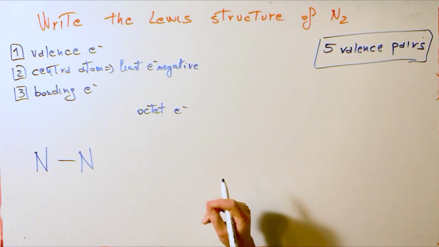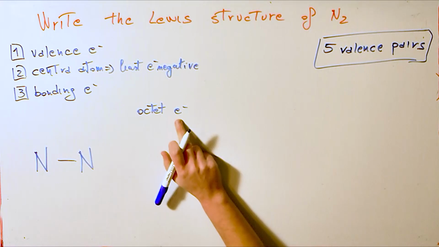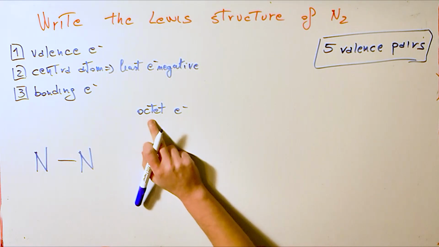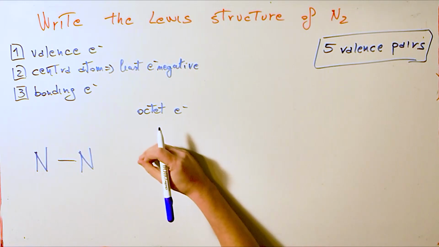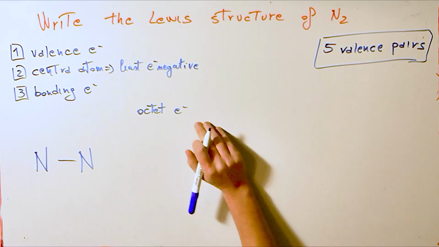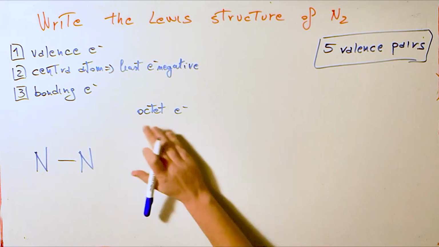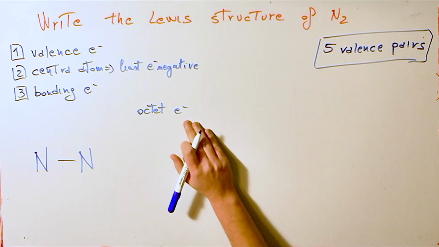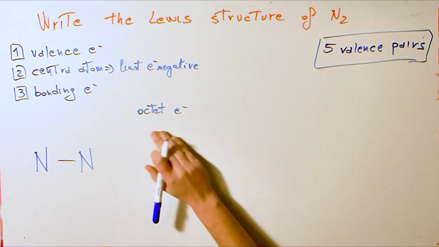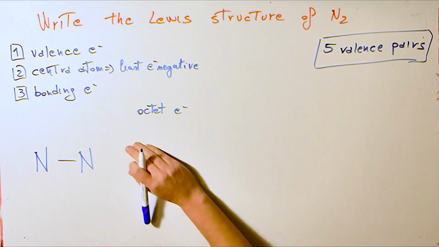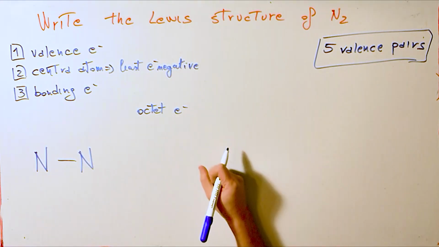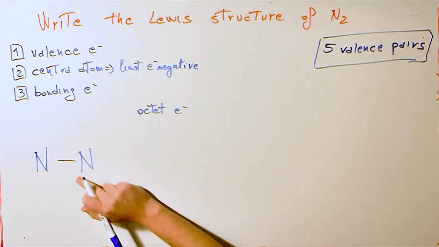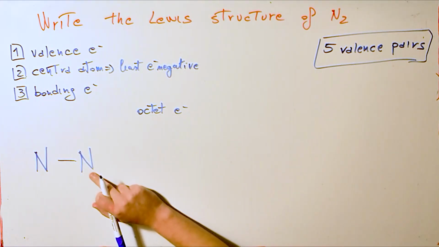Octet electrons are the number of electrons related to the octet rule. So we have to ask ourselves the atoms we have in this molecule, which kind of octet rule are following. They are following the octet rule, they are following the incomplete octet rule, they are following the expanded octet rule or the duet rule.